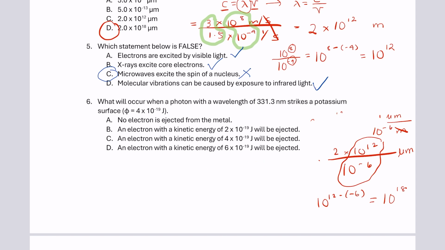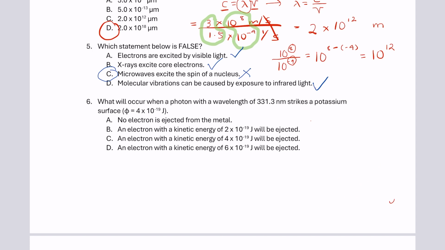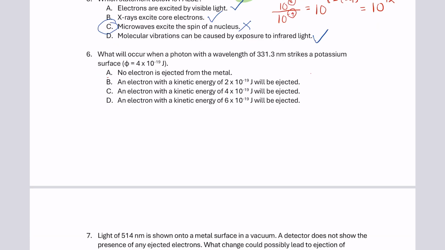Problem 6 says, what will occur when a photon with a wavelength of 331.3 nanometers strikes a potassium surface that has a work function of 4 times 10 to the minus 19 joules? The key idea here is the photoelectric effect.